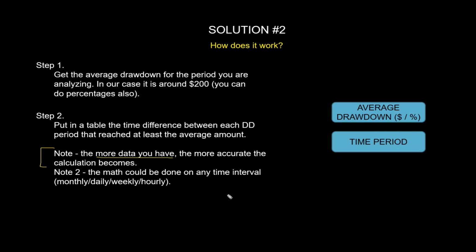Very simple. The second thing I wanted to mention here is that the math and the principles that I'm going to show in the next slide can be applied to any time frame. Let's say you're scalping the 1 minute chart and within 1 week you have 50 trades.